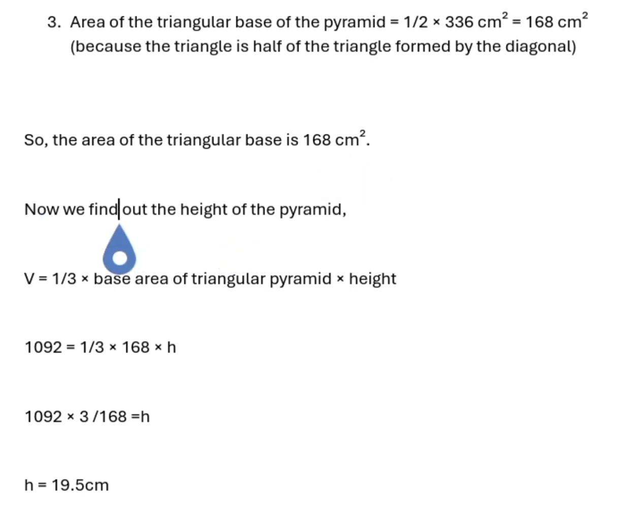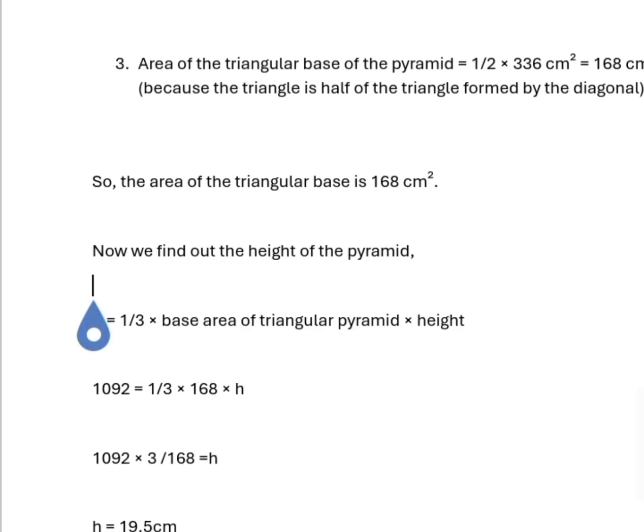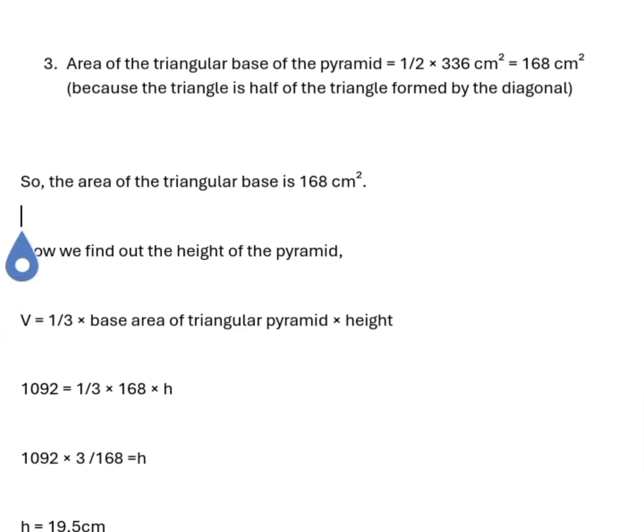Now we find the height of the pyramid. The formula is 1 over 3 into the base area of the triangular pyramid multiplied by height. We have found the triangular base area, which is 168.